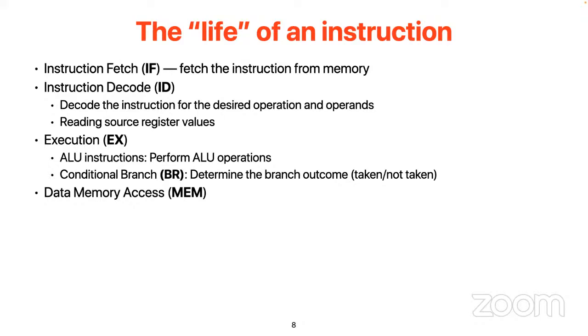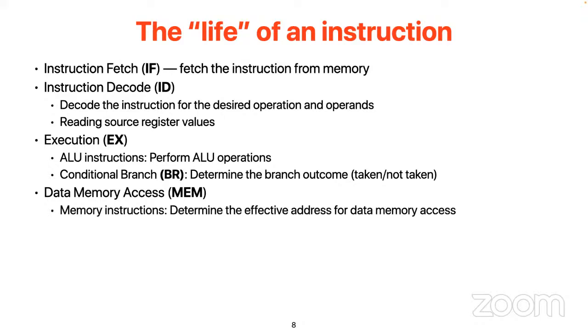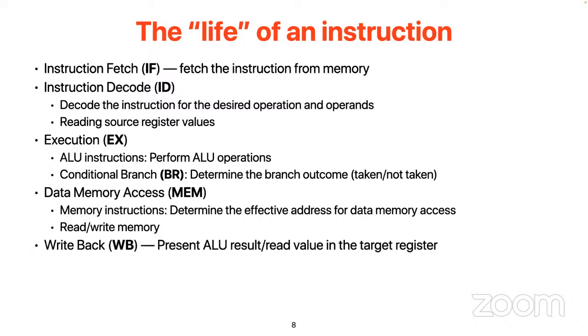And if it's a memory operation, you have to determine the effective address and then read or write the memory. After you get everything done, saying that you get your ALU result or your memory read result, you want to write that to the register so that later instructions can use it.